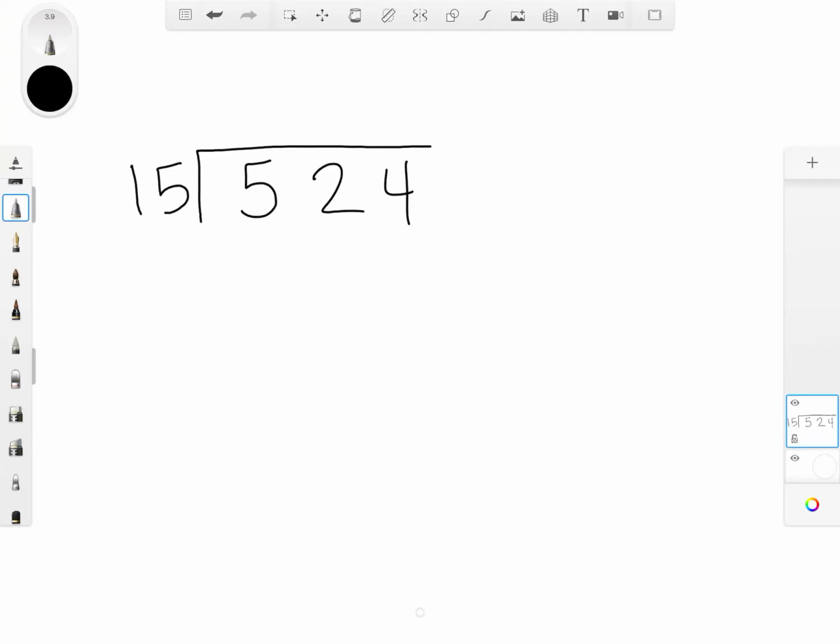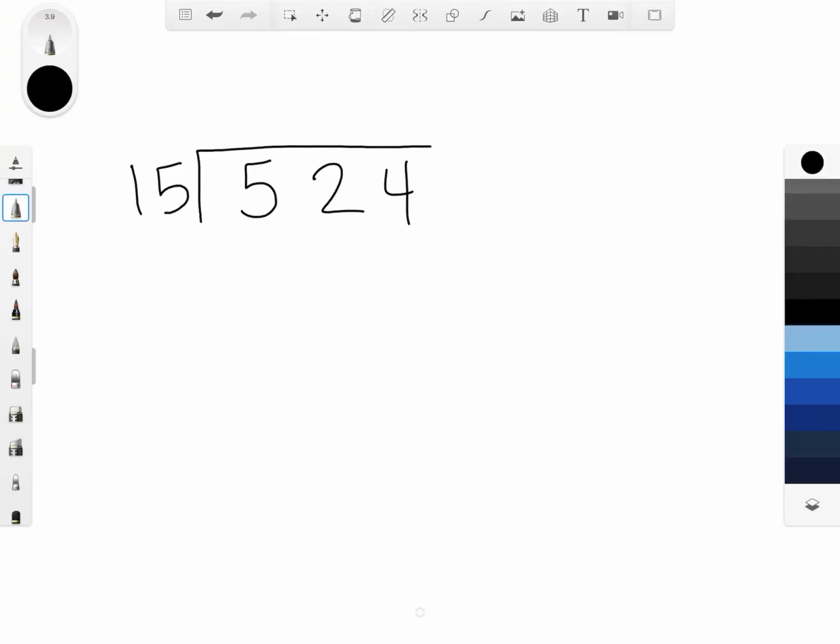Okay, so we have to keep in mind our 15 people, and we also need to draw our place value divisions, because again, we have our hundreds, our tens, and our ones. And again, we're going to do one place value position at a time, and think of that as if it were just that many pieces of candy.